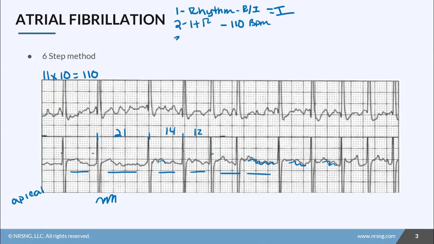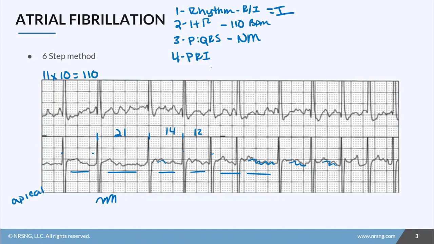Now let's do step 3, and that would be the P to QRS ratio. Do we have one P wave followed by one QRS? And because there are no obvious P waves, it's hard to determine if we have a 1-to-1 ratio. So we would call this not measurable. In step 4, we got to do the PR interval.